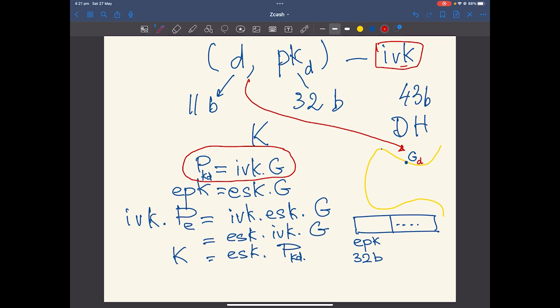The fact that all these addresses are under the same key means that all these payments are going to be under the same spending authority. The same secret key will be able to spend from any of these accounts.